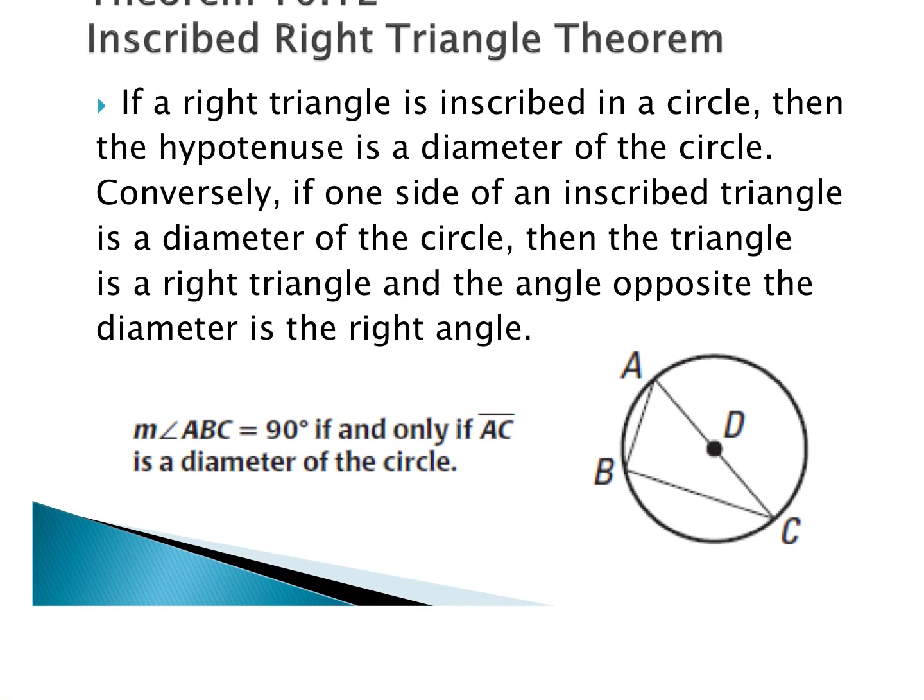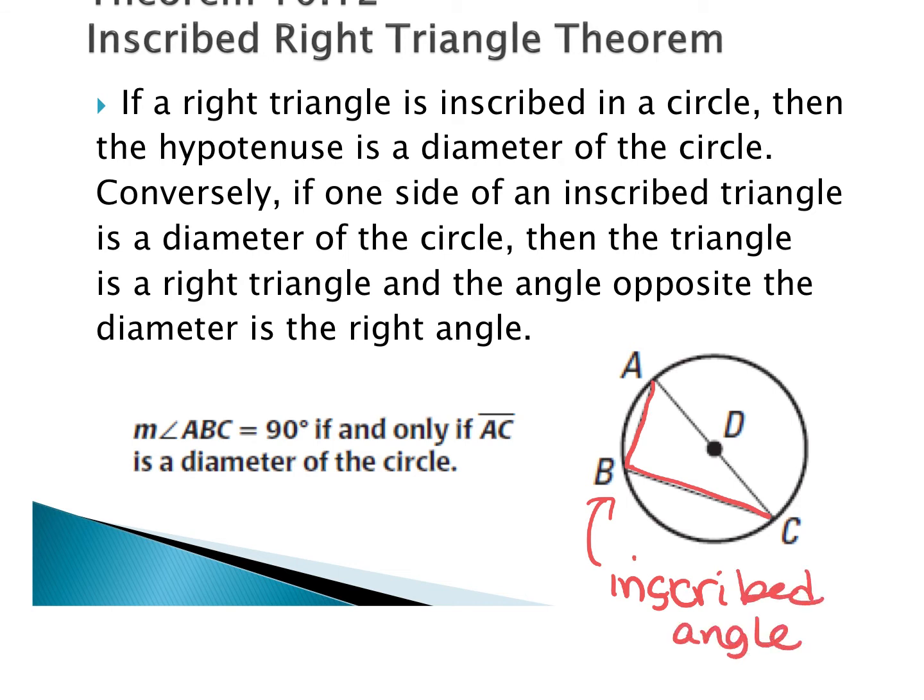So for example, if you recognize that this angle here, ABC, is sitting on the side of the circle, you can recognize that this is actually an inscribed angle.